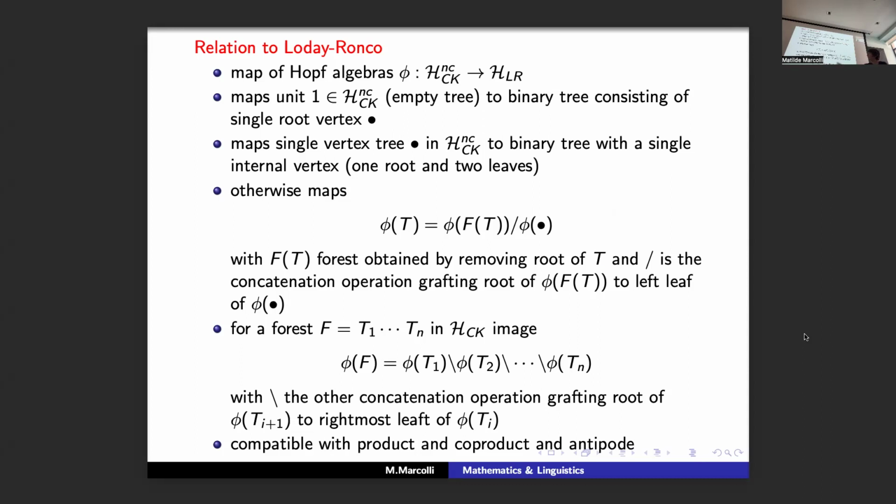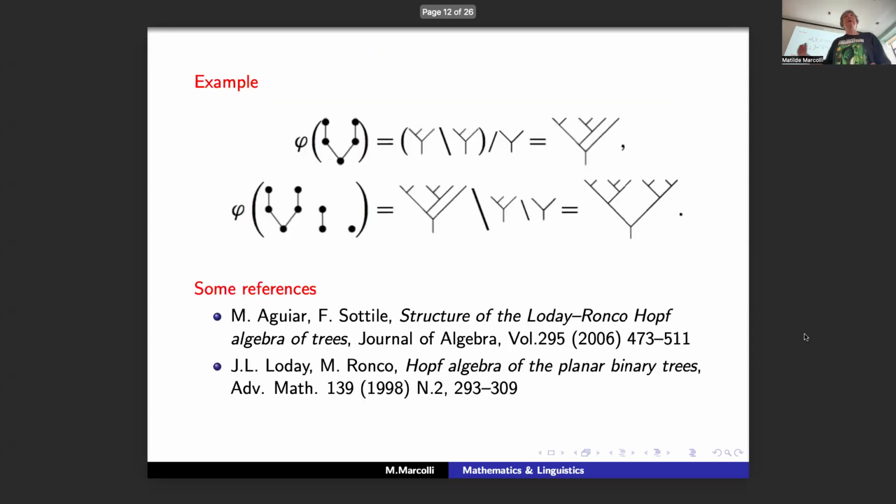And the coproduct is the one of the admissible cuts. And on this side, the product and coproduct are this more complicated operation with splitting along the paths of the tree. But it turns out that this prescription for how you build this tree is exactly done right, so that it will preserve product and coproduct.